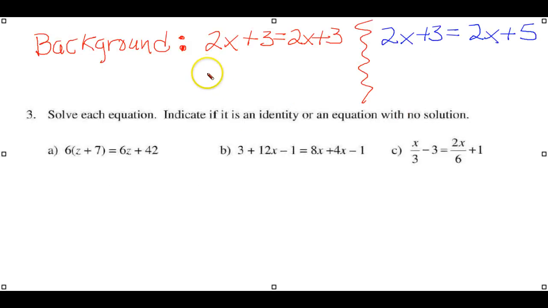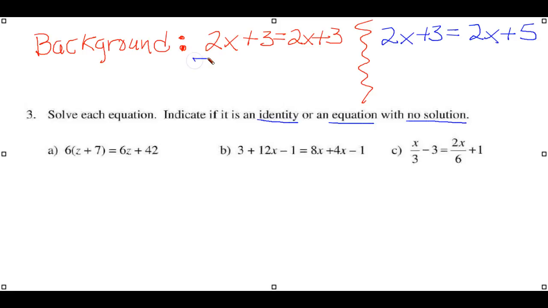Now, for a little background, for number 3, we want you to indicate if it's an identity or an equation with no solution. Well, first of all, if we look at what I've written here, 2x plus 3 equals 2x plus 3. And you might say, well, geez, what's on the right is exactly what's on the left.